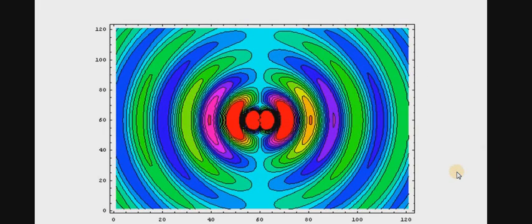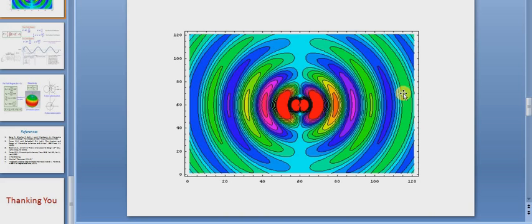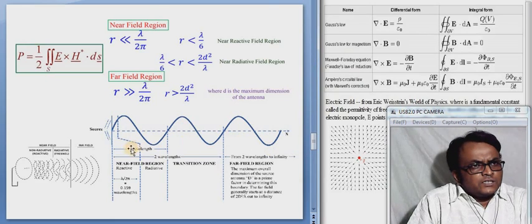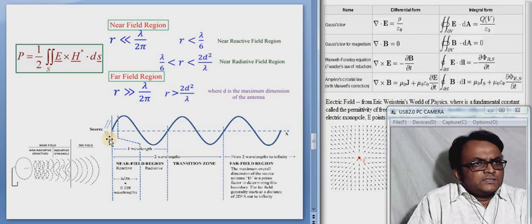And if we again come back to our PowerPoint presentation, this presentation shows the electric field propagated from the source, that is the infinitesimal small dipole antenna. In the very near region, that is the region less than 2d square by lambda, there are two types of field: one is called the reactive field, another is the radiative field. But in the far field region only the radiative field pattern will be generated.